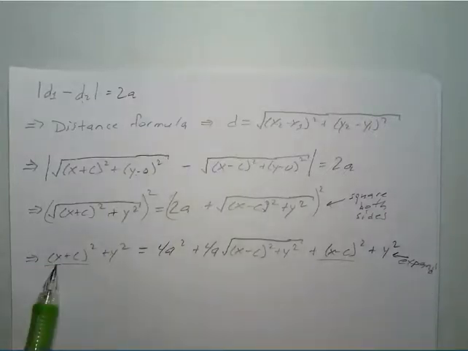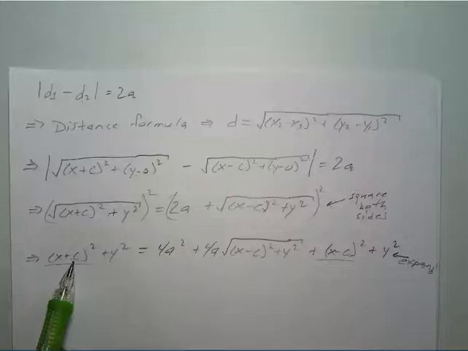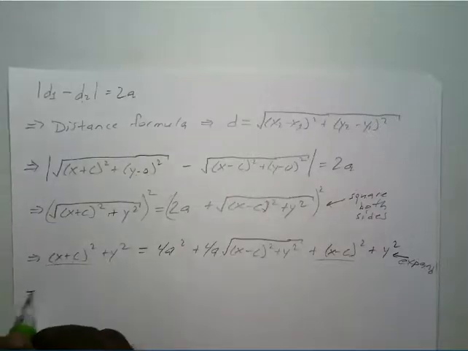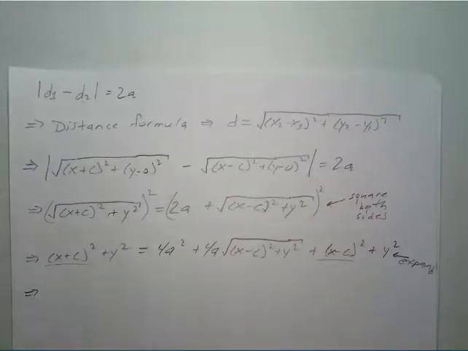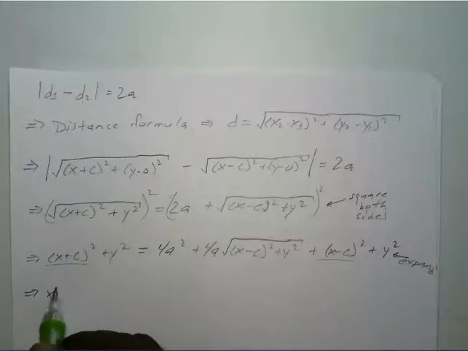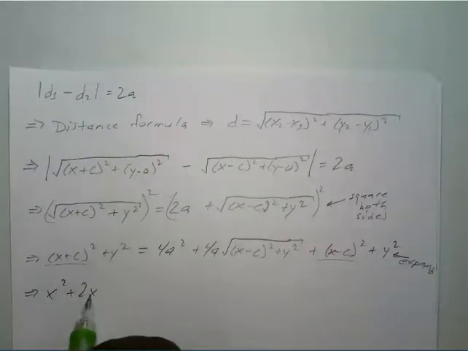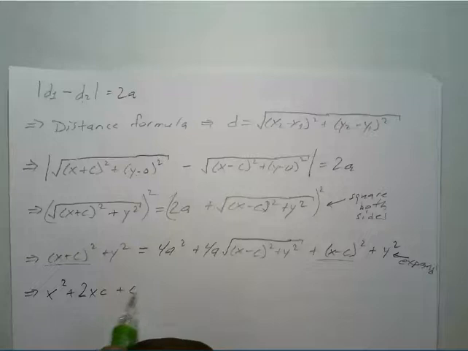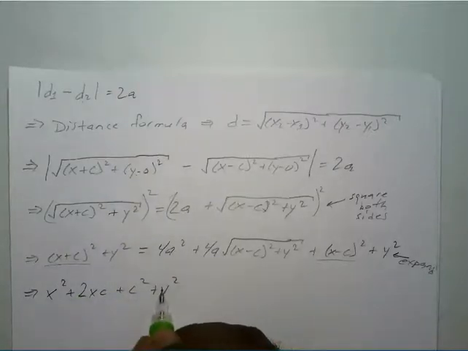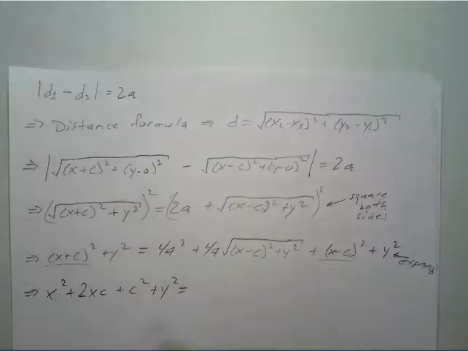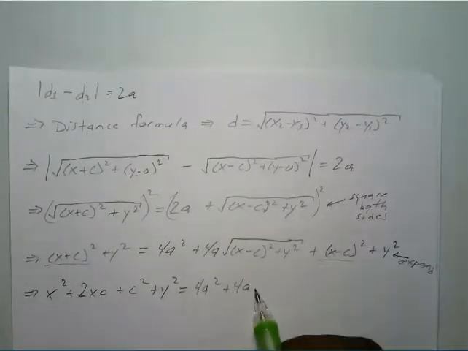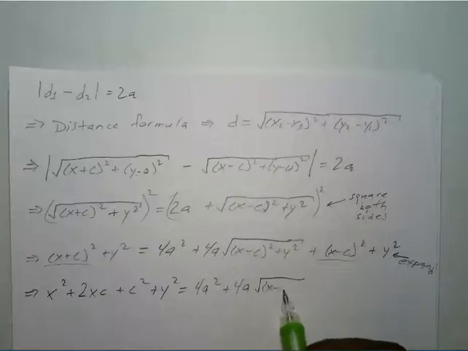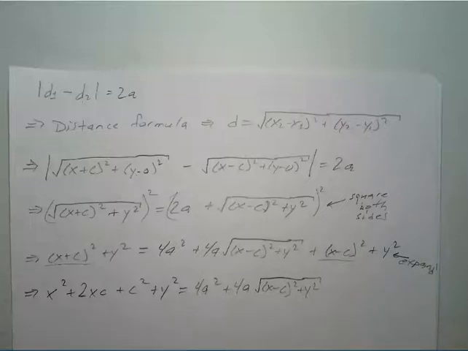This (x + c)² is just (x + c) times (x + c), which once we do the FOIL method will give us x² + 2xc + c² plus our y², which is equal to 4a² + 4a times the square root of (x − c)² + y².